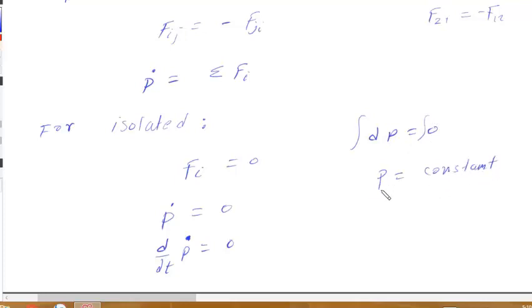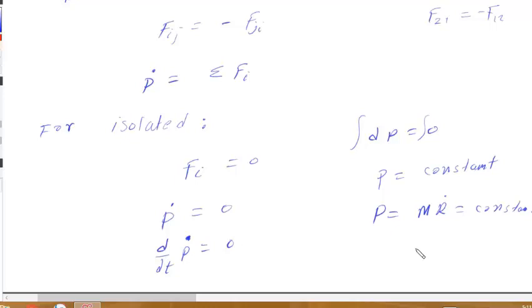Then it gives the law of conservation of momentum. For the isolated system, this gives the law of conservation of momentum: the momentum of the total system is constant.